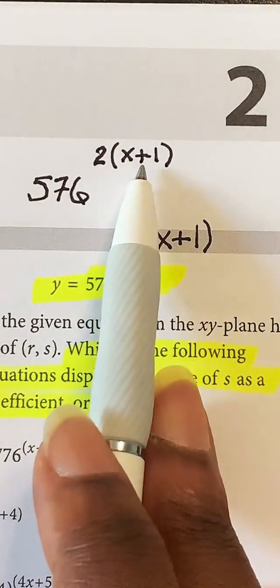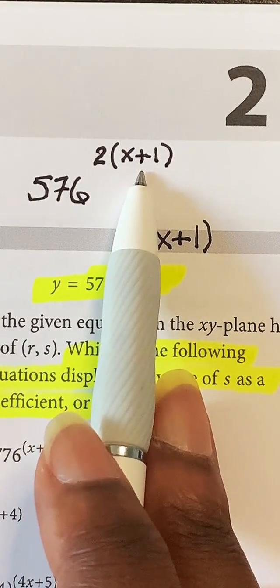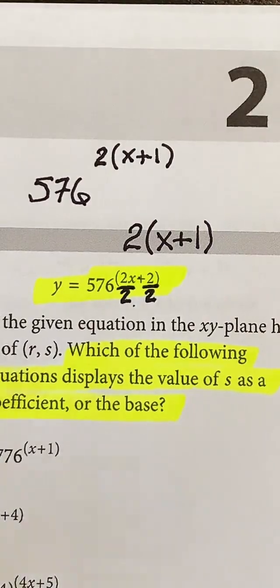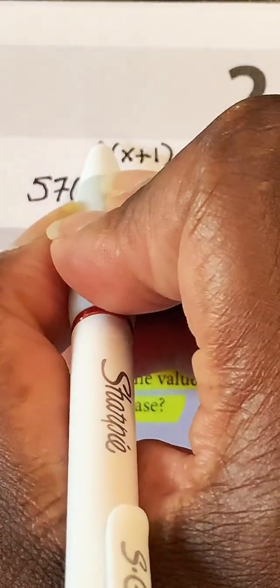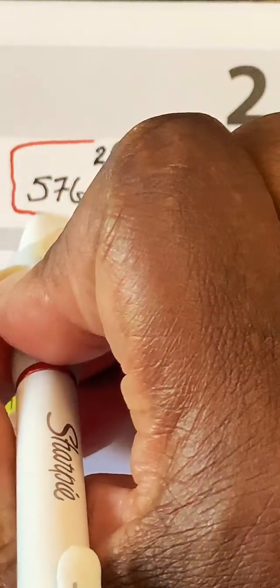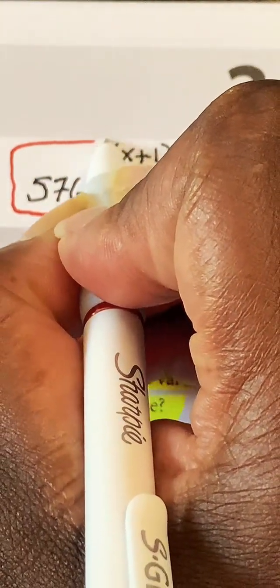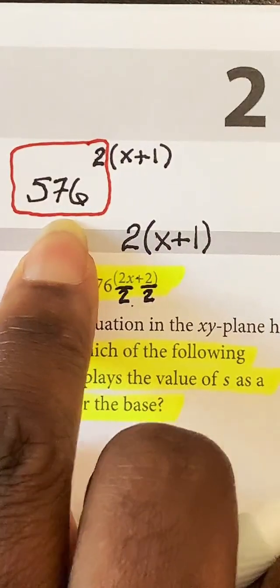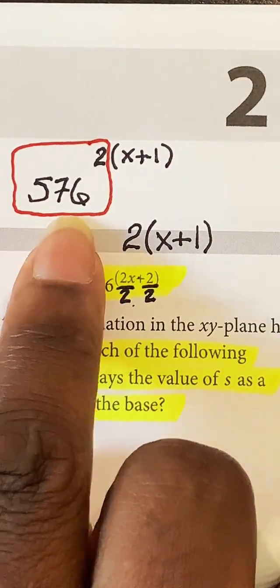Notice the x plus 1, that's really your exponent. You're like, say what? That's really your exponent. So they want you to square this. What's 576 squared?